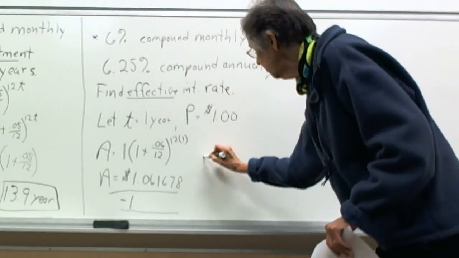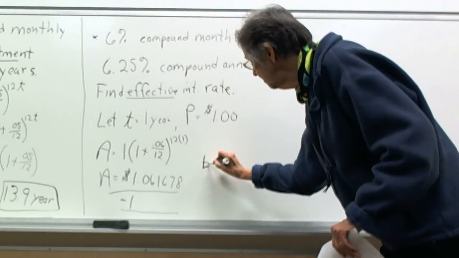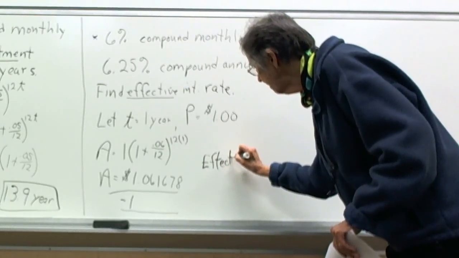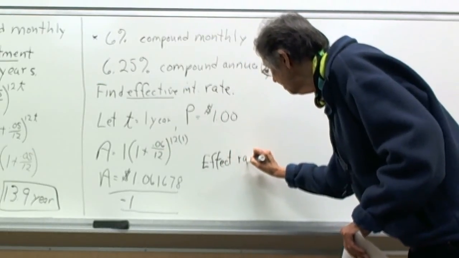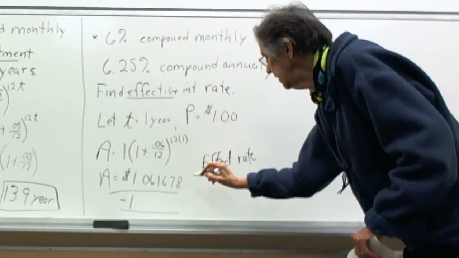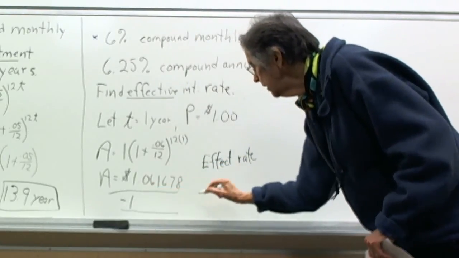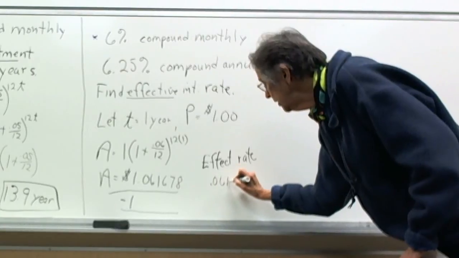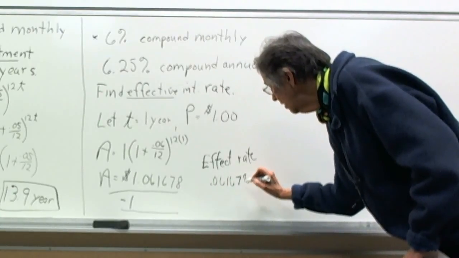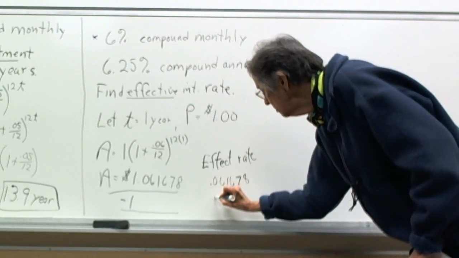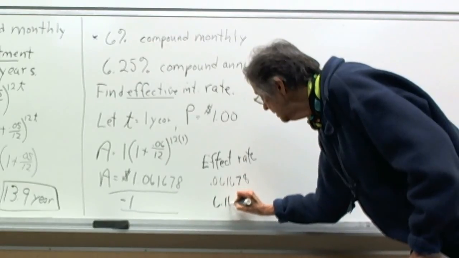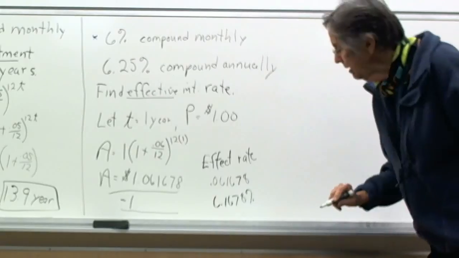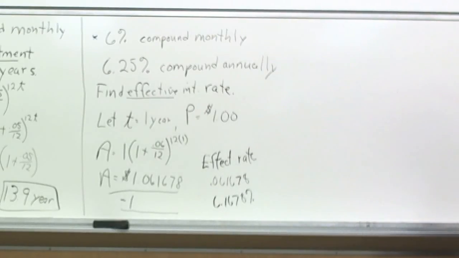So my effective rate for this investment is, again, subtract the $1 off, and we have 0.061678, or in percentage, it would be 6.1678%. So that's the effective rate in that investment.